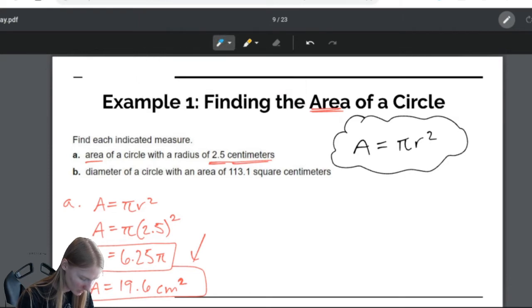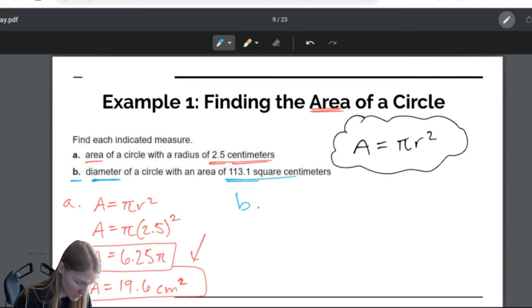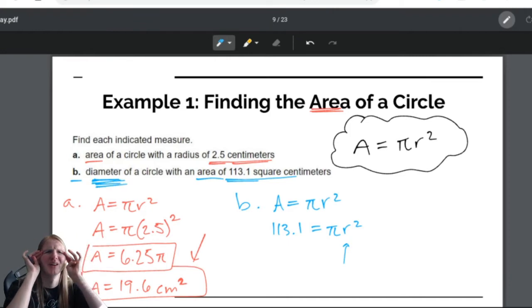Next, we will look at B. We want to know the diameter of a circle with an area of 113.1 square centimeters. Okay, so let's put our handy dandy formula down. And we know that the area is 113.1 centimeters squared. We don't know what the radius is. We're trying to find the diameter.